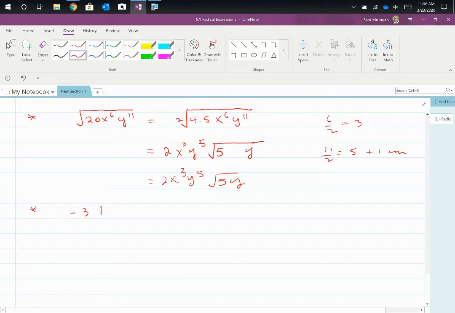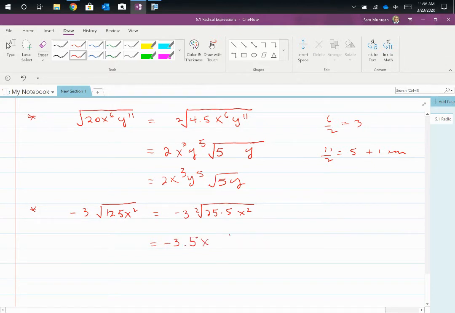Negative 3 square root of 125x squared. So negative 3 square root of 25 times 5 x squared. The square root of 25 is 5.